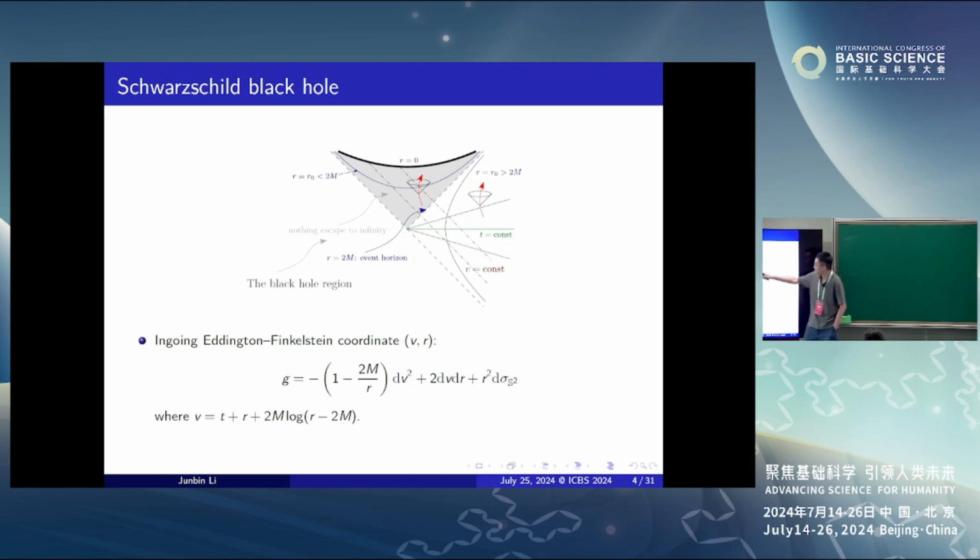You can only go to the singularity r equals 0. Once you go inside, you cannot go outside again. So this region is called the black hole region, and even light cannot escape from it.